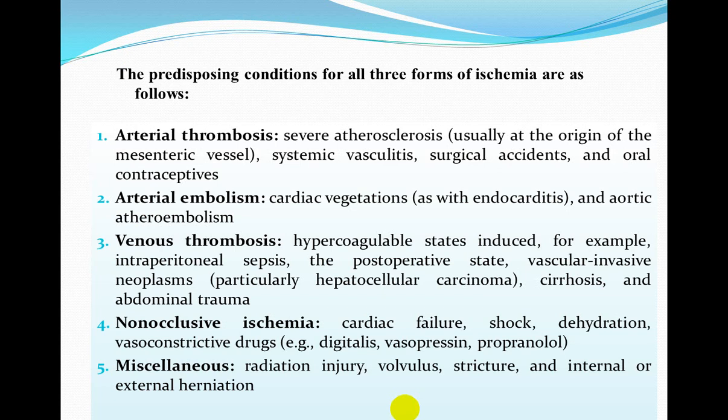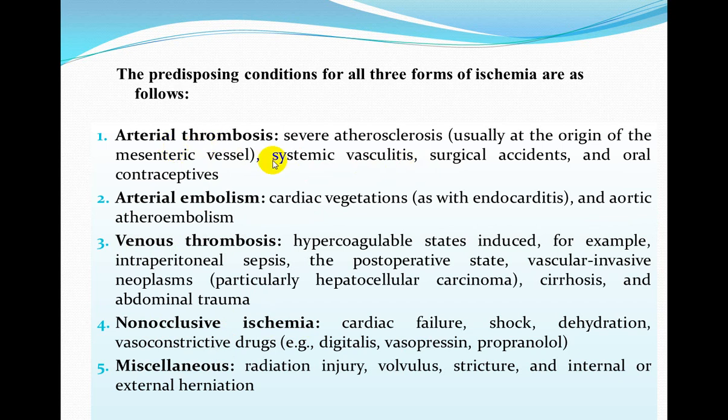The predisposing conditions for obstruction of the trunks are either arterial thrombosis, arterial embolism, venous thrombosis, or sometimes non-occlusive ischemia. Each of them has its underlying causes.